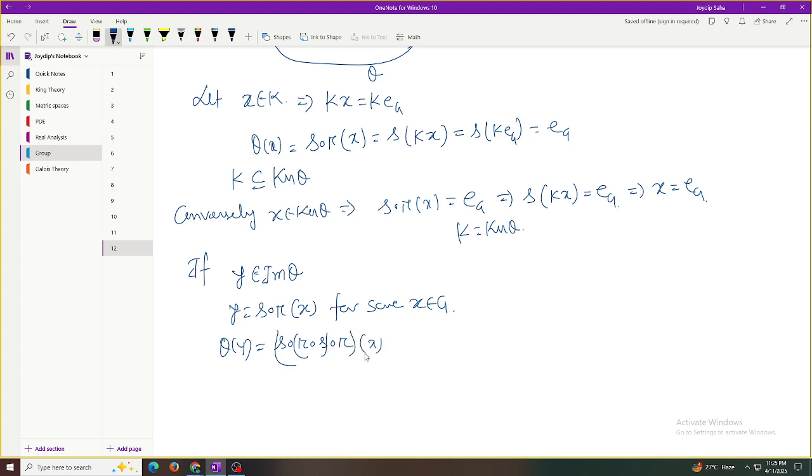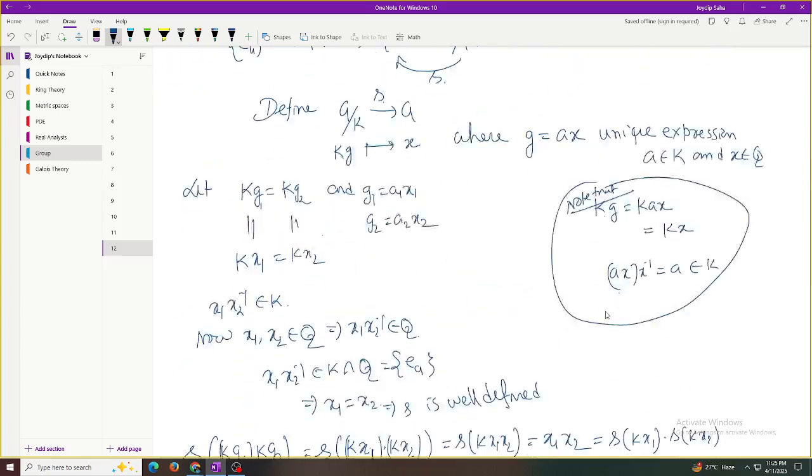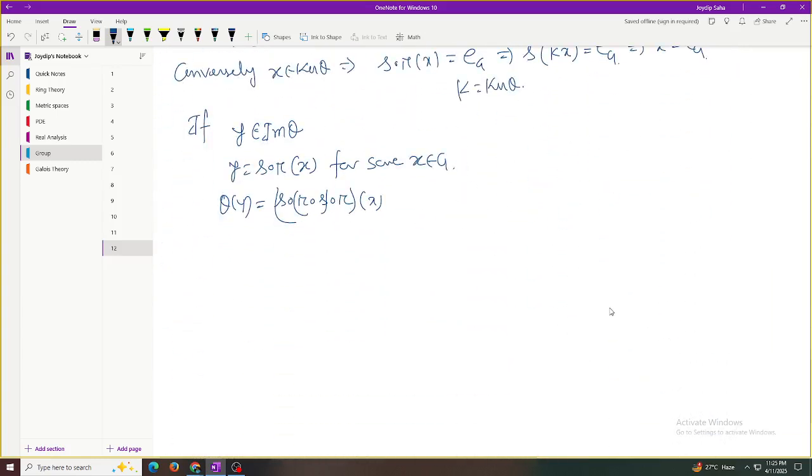Now by 3, pi compose s is identity, so s compose identity compose pi of x, that means s compose pi of x, that is y. Done, and we are done.